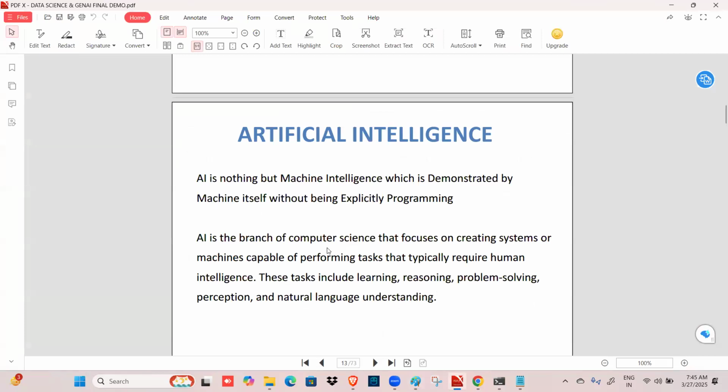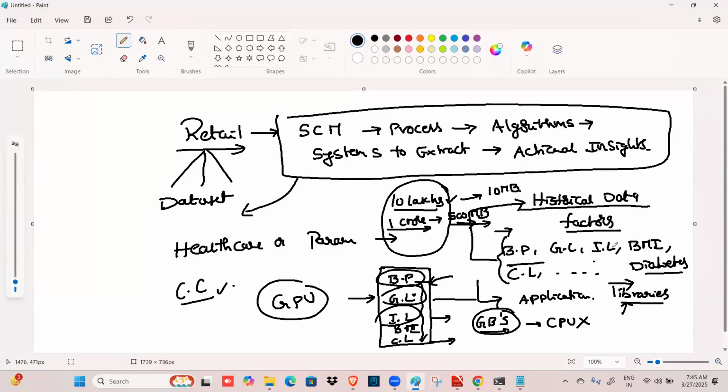And AI is the branch of computer science that focuses on creating systems or machines capable of performing tasks that typically require human intelligence. So here we are making the systems intelligent based on our knowledge. We are applying our knowledge, so we are making the systems intelligent. And here, everyone follows their unique structure of processing and unique structure of model building. This is not permanent, like everyone should follow the same procedure.